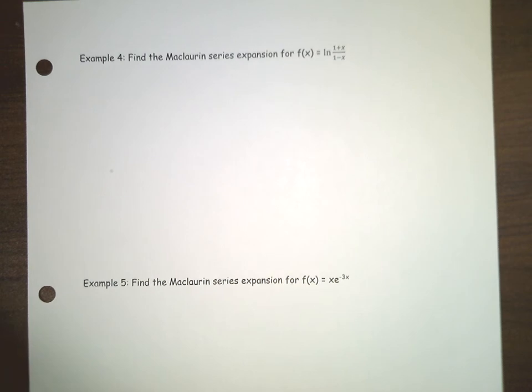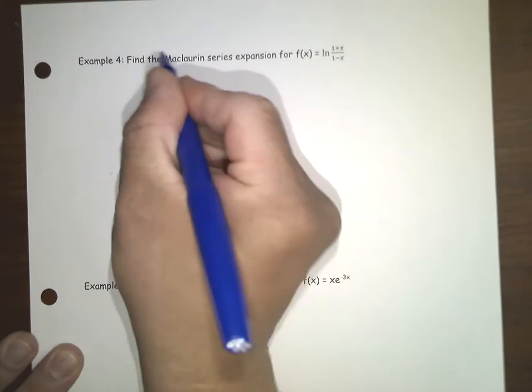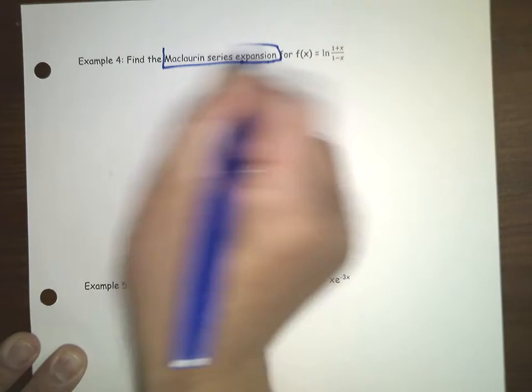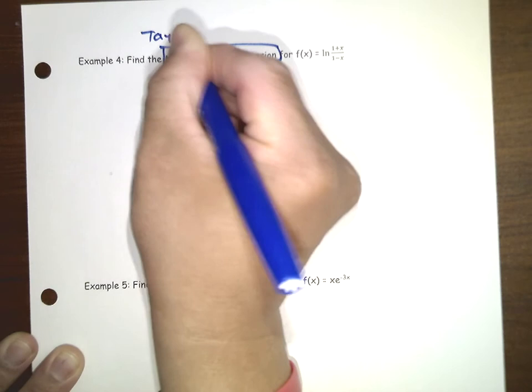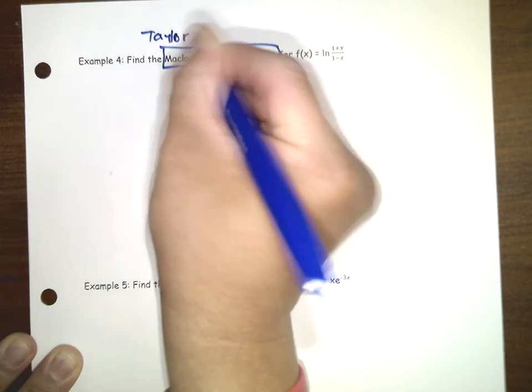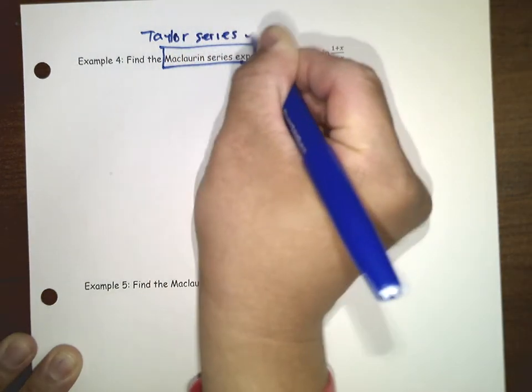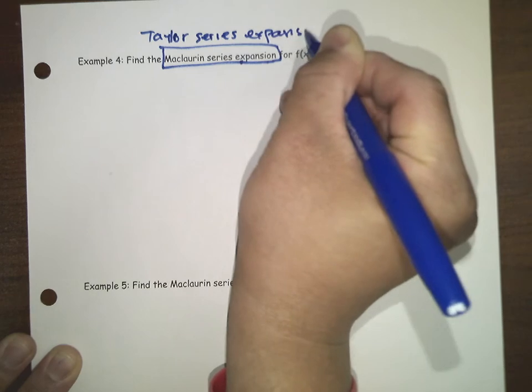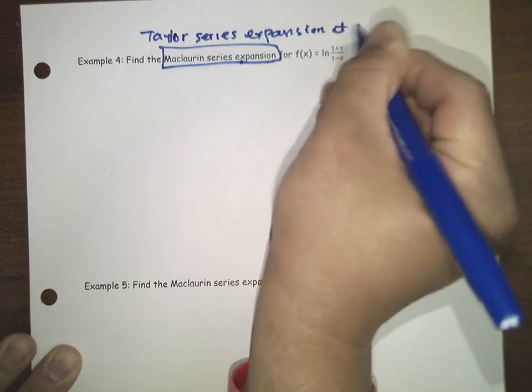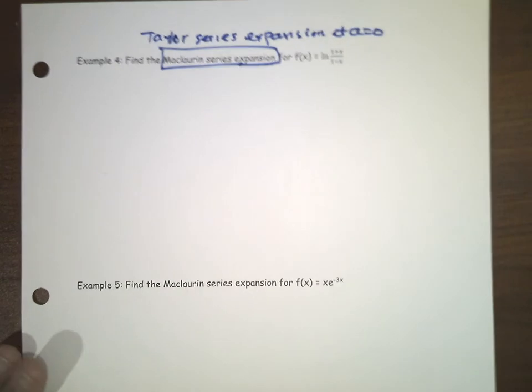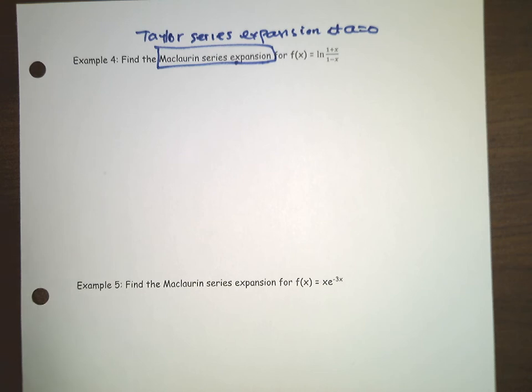All right, so now let's remember that the Maclaurin series means a Taylor series expansion at a equals 0. So really it's the same procedure, but a is just automatically going to be 0.